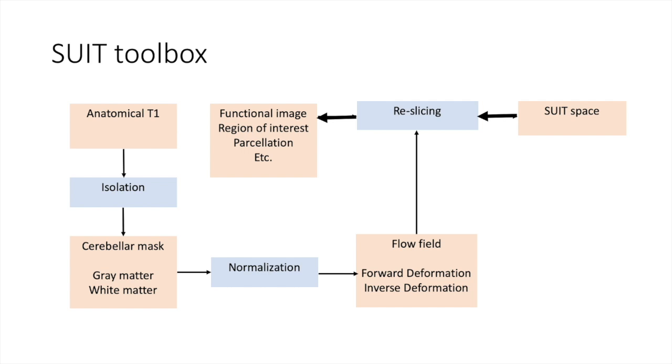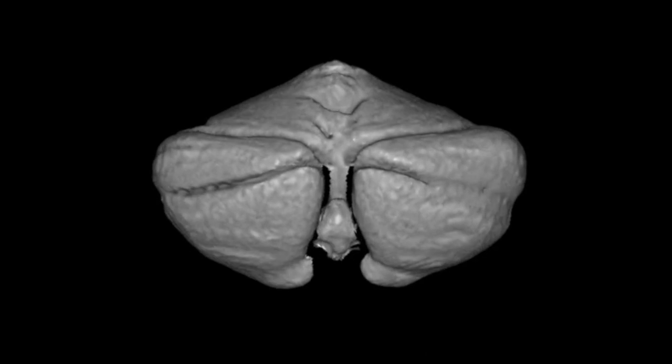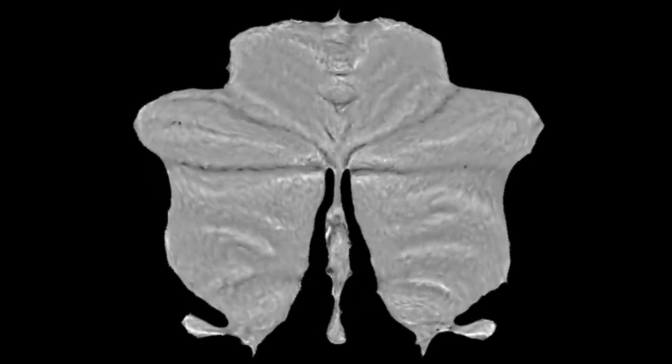This can be used for functional or anatomical analysis. As you can see, multiple approaches can be followed. Finally, any image in SUIT space can be transformed into a surface using the flatmap function. This function will take the gray matter voxels in the volume and project them into a flat representation of the cerebellar cortex.